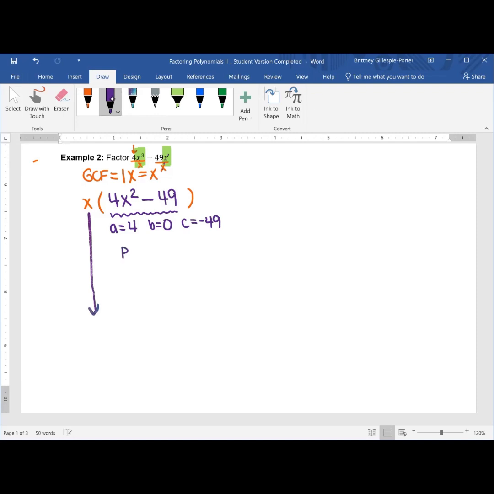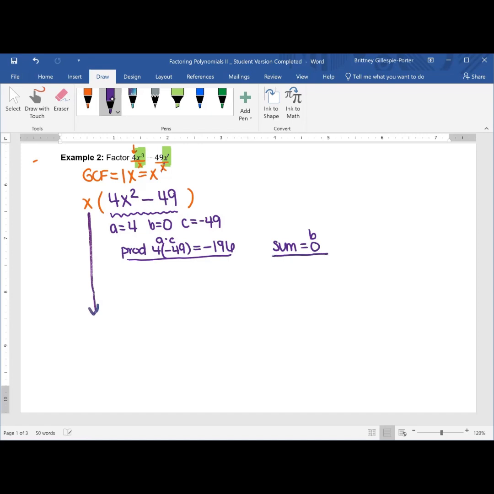So when we're doing the bottoms up method and we're looking for the product of a times c, we're looking at 4 times negative 49, which gets us to negative 196. And we're looking for a sum of b, which is 0.